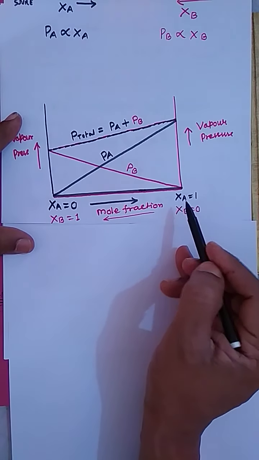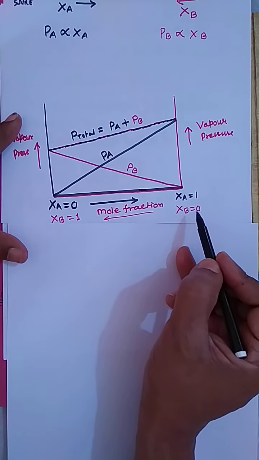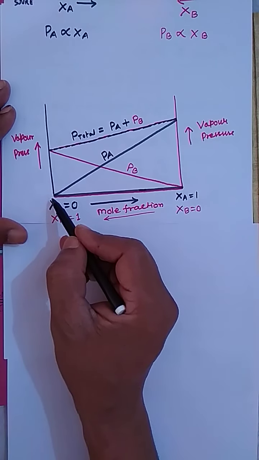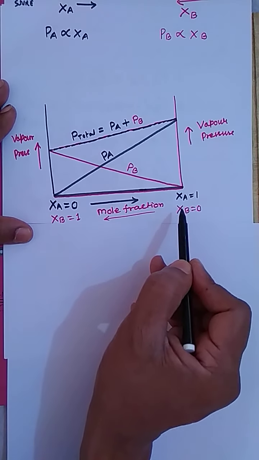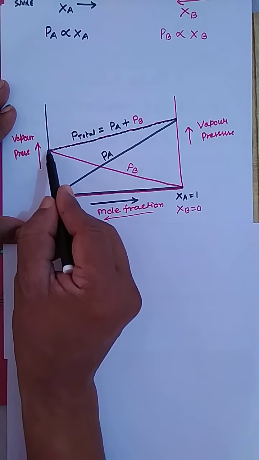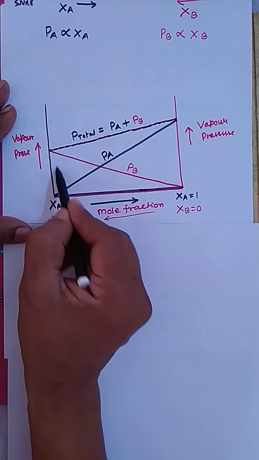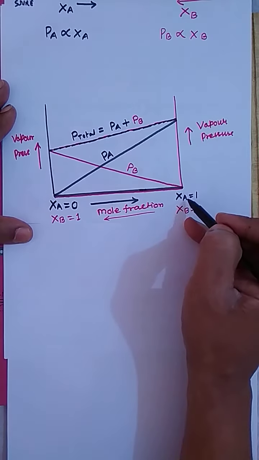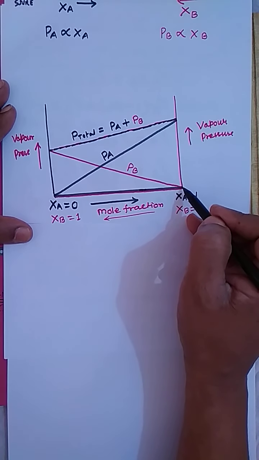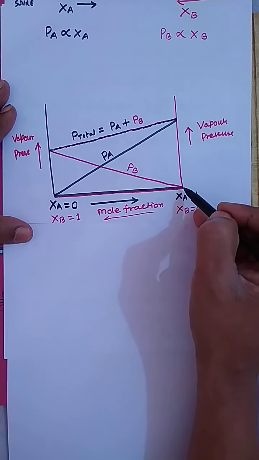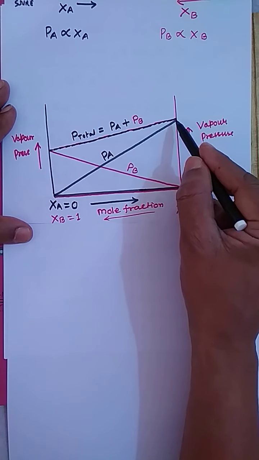And at this point the mole fraction of XB is 0, and the mole fraction of XB equals 1 at this point. So friends, the vapor pressure by component B at this point is maximum. This is the value of the vapor pressure by component B. And here XA equals 1, then there is no concentration of component B, so the vapor pressure is maximum here due to component A only.